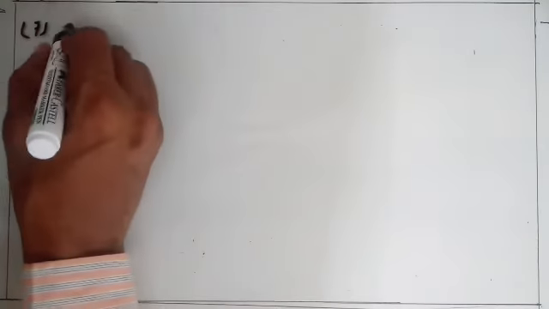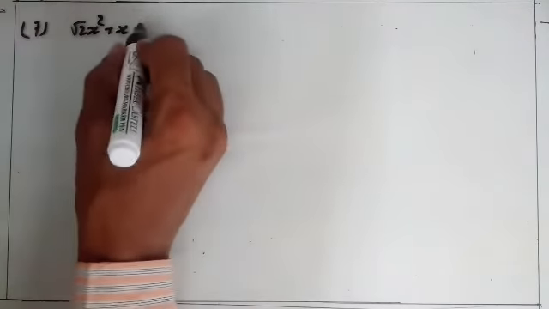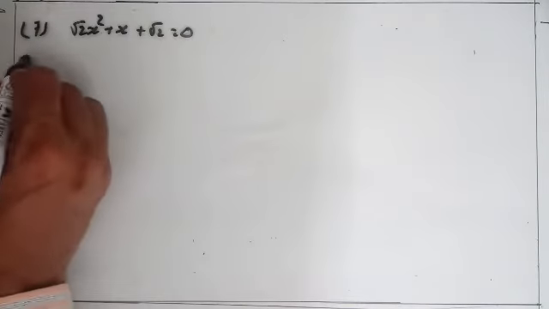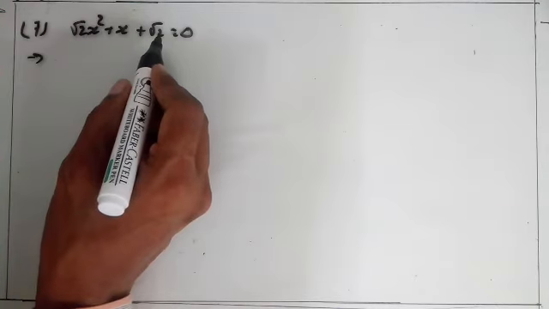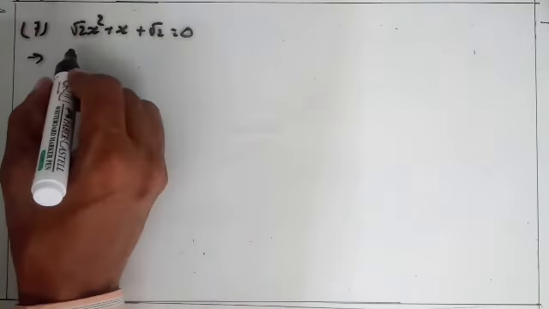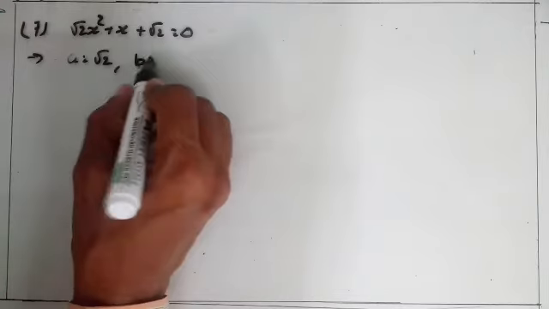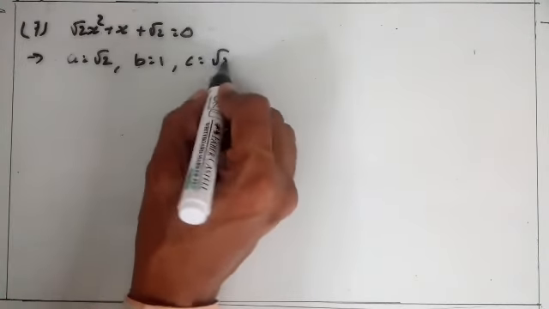Now question number 7: √2 x² + x + √2 = 0. Compare the given quadratic equation with the standard form. Here a = √2, b = 1 and c = √2.